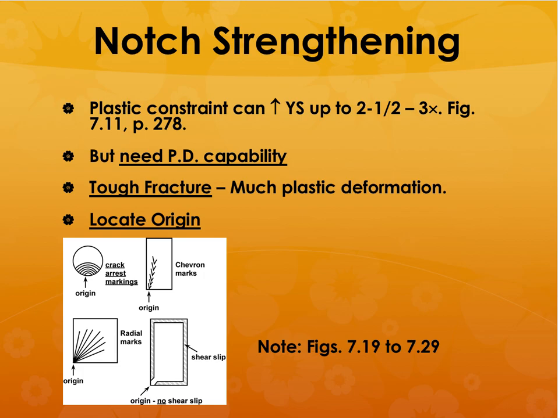So if you have a notch, you need to strengthen the material to prevent the failure from starting from that notch. So if you constrain the plasticity of the material, then the yield strength will go up to 2.5 times the yield strength you started out with.